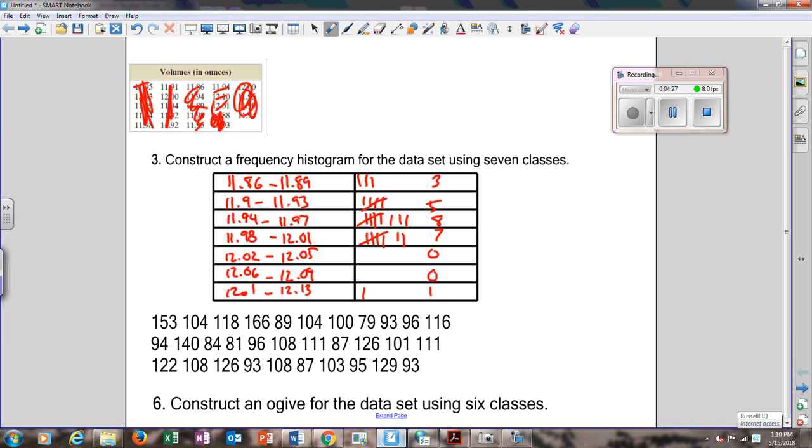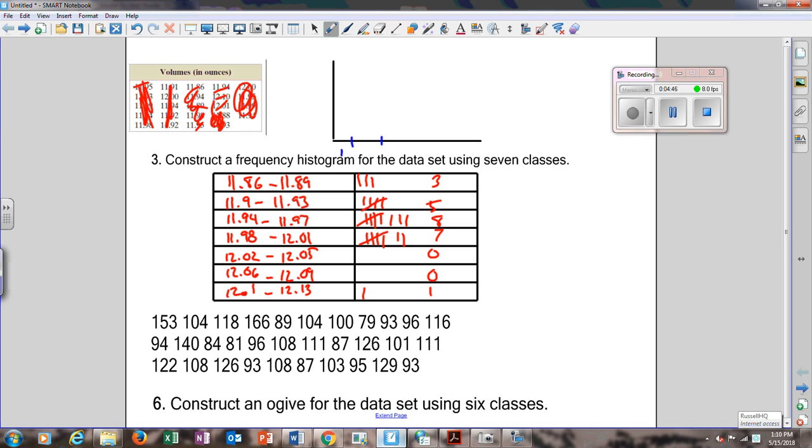Now when we do a histogram, remember you can start with the bottom number, or you could use the middle or the top. Doesn't matter.